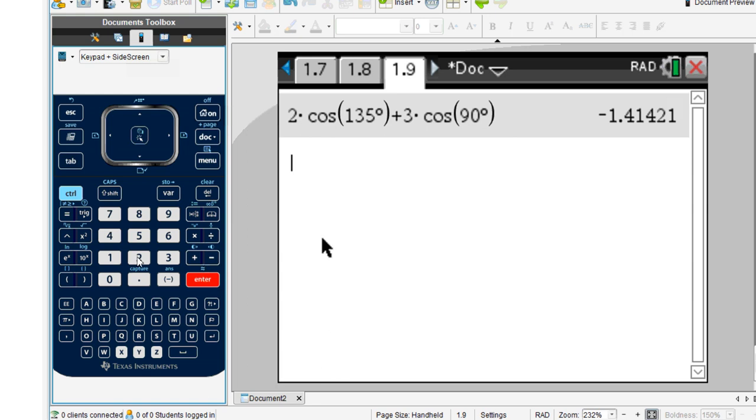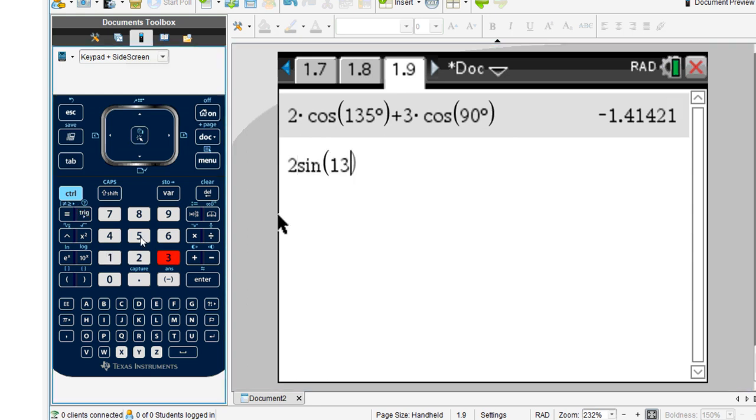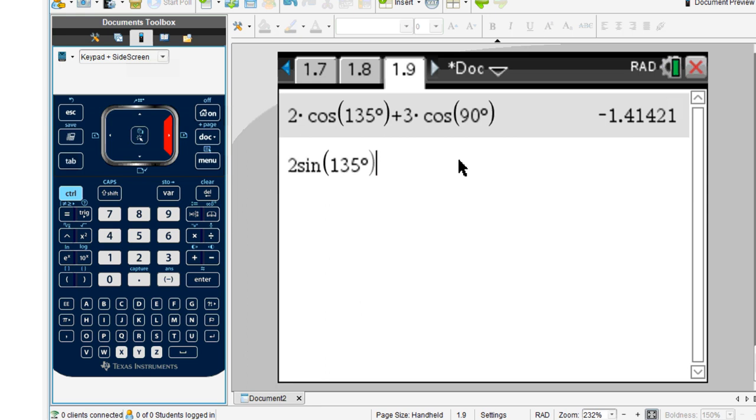Next we have 2 sine 135 degrees plus 3. Oh, and I really blew this, didn't I, up here? Because that should be, no, that's right, I did that right.